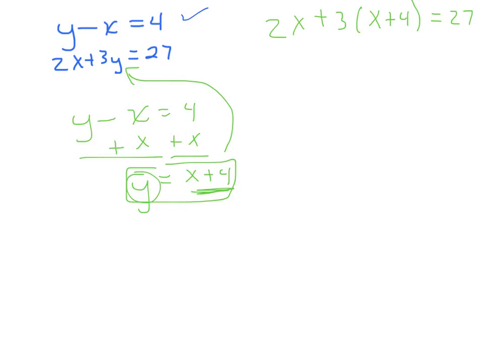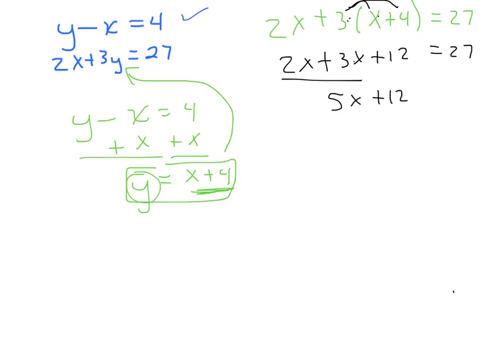Then I'm going to distribute that 3, and I get 2x plus 3x plus 12, because 3 times x is 3x, 3 times 4 is 12, equals 27. I'm then going to combine like terms. So 2x and 3x combine to give me 5x, bring down your plus 12 equals 27.